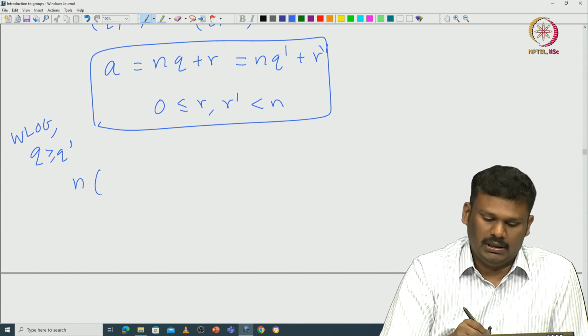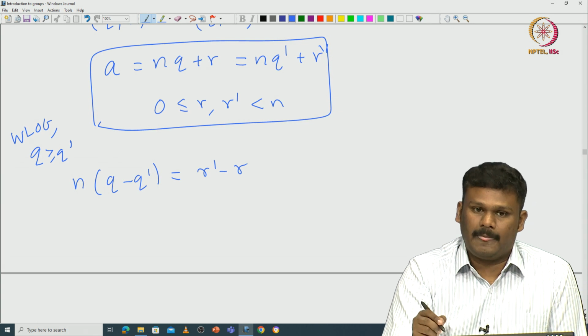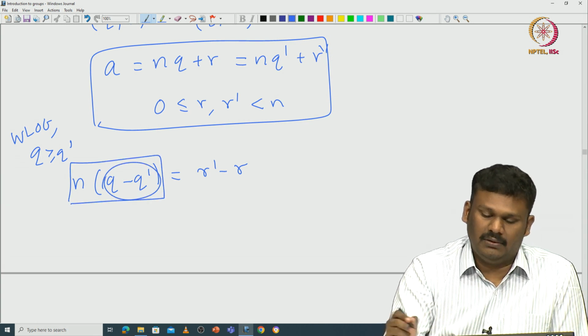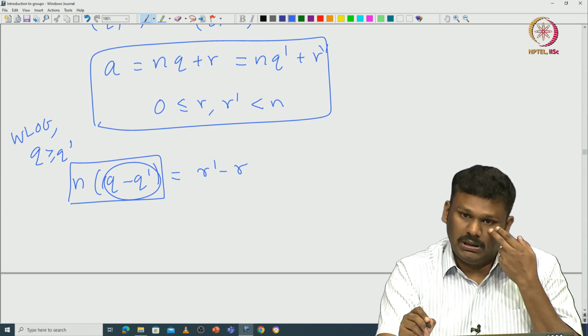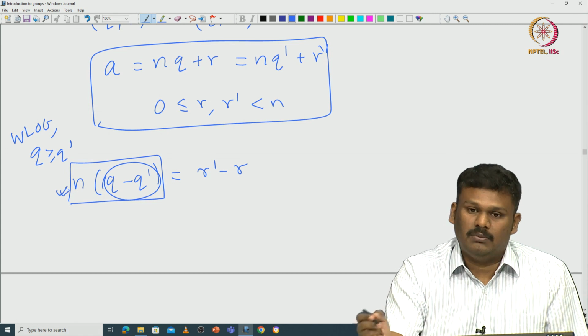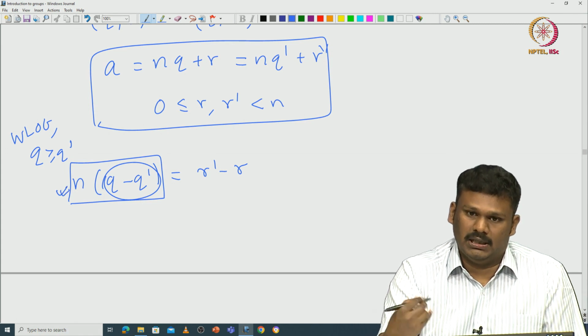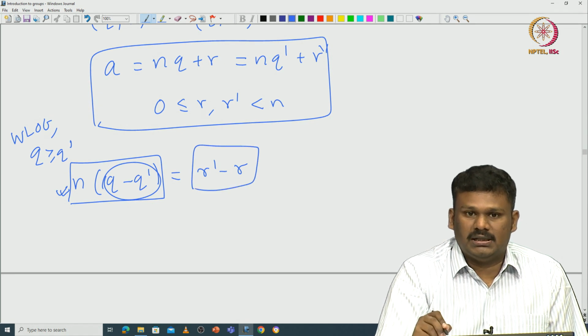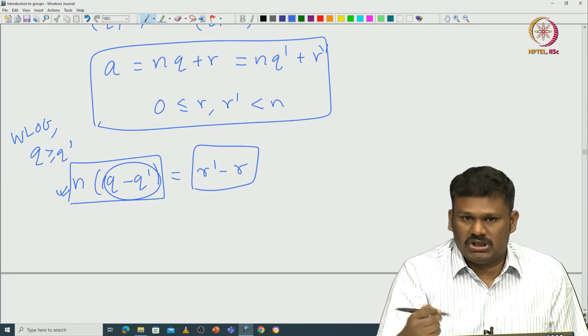Then in particular, n times q minus q dash will be the same as r dash minus r, and this is a multiple of n, and this is non-negative. In case q is not equal to q dash, then this will be a positive multiple of n, like 2n, 3n and so on. But on the other side, you have r dash minus r, where both of them are strictly less than n.